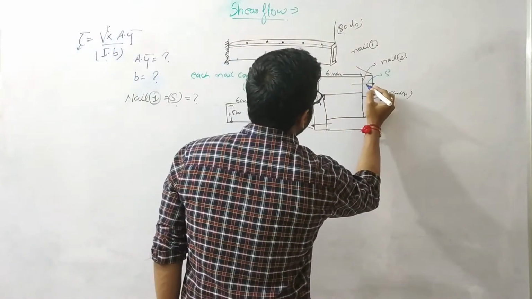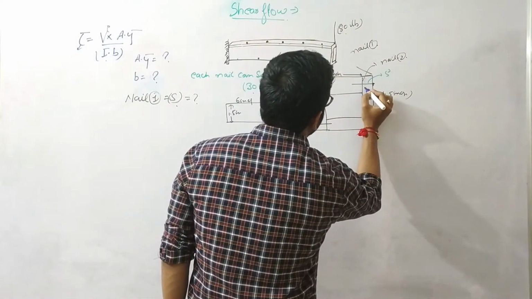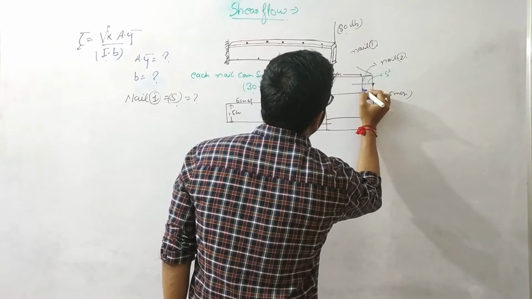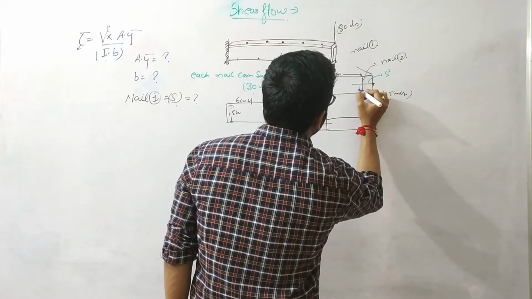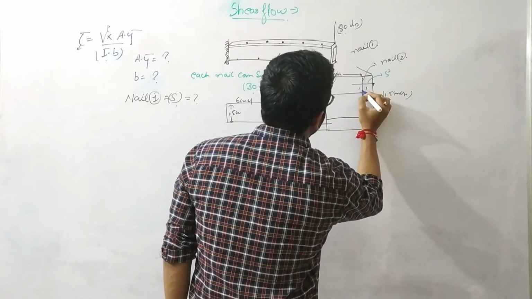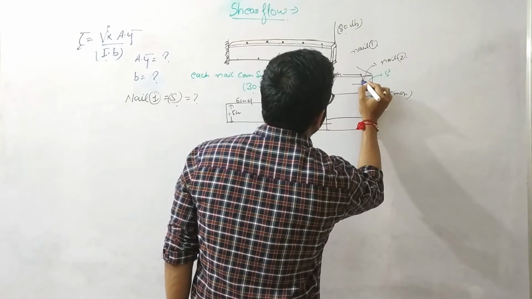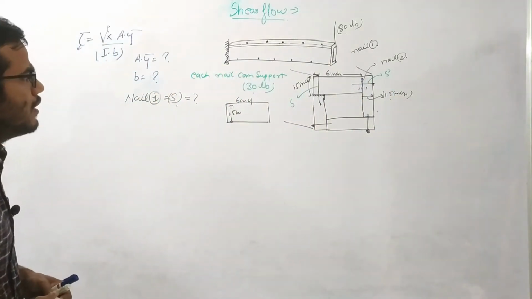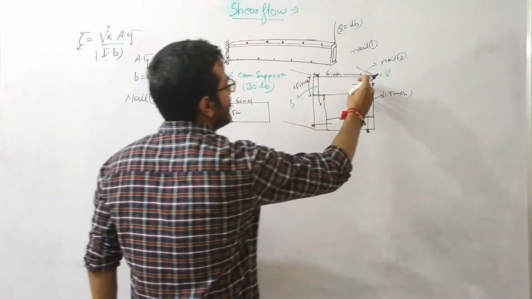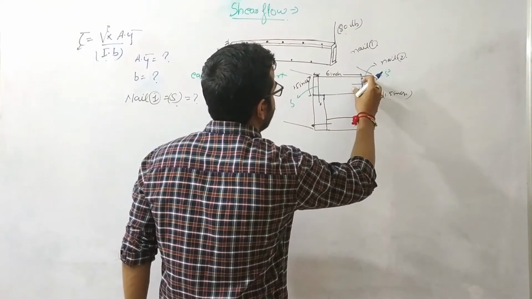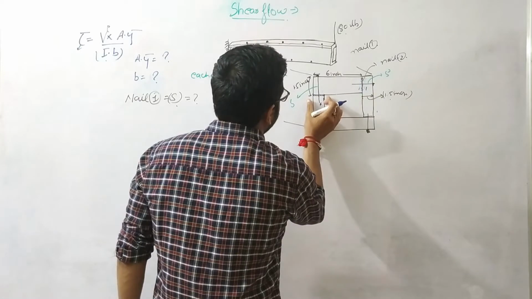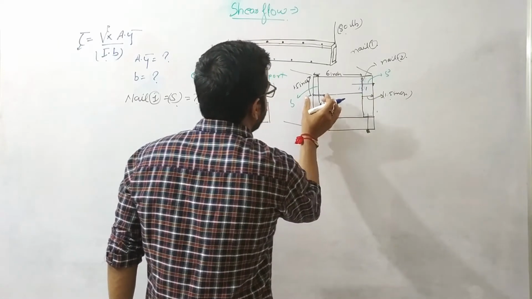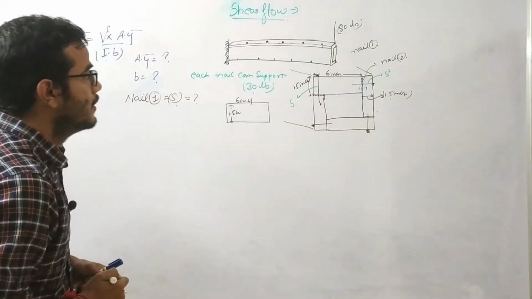Similarly, this nail is resisting the relative movement between this member and this member, and the relative movement surface will be this. So for this nail, the shearing plane is a vertical plane, and for this nail, the shearing plane is the horizontal plane. This is the difference.